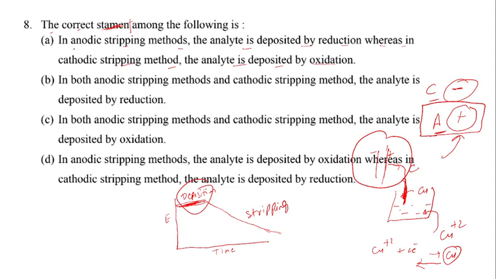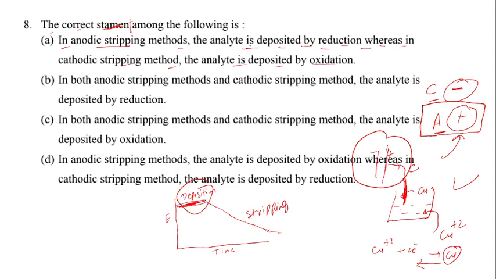So this is the anodic stripping, because when stripping is happening, you are connecting this electrode with the positive terminal, so you can say anode. So this is the anodic stripping method. The analyte is deposited by reduction.